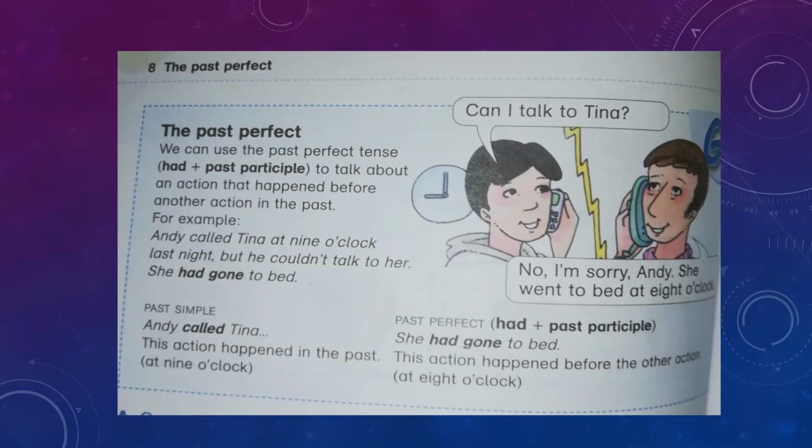This action happened in the past at 9 o'clock, and this action happened before the other action at 8 o'clock. Now you see that while making the past perfect, you have to use had as the helping verb and then past participle.